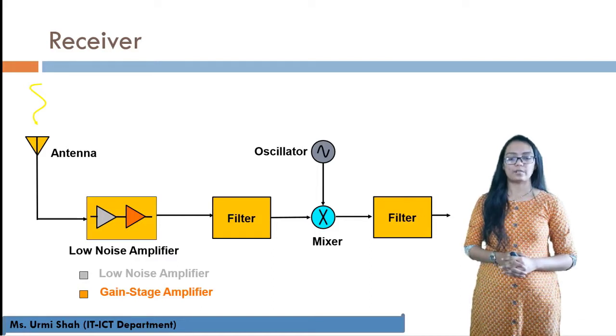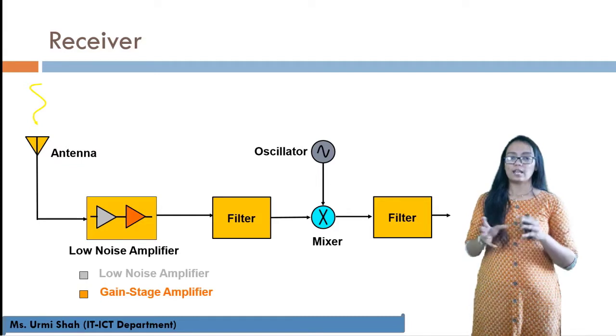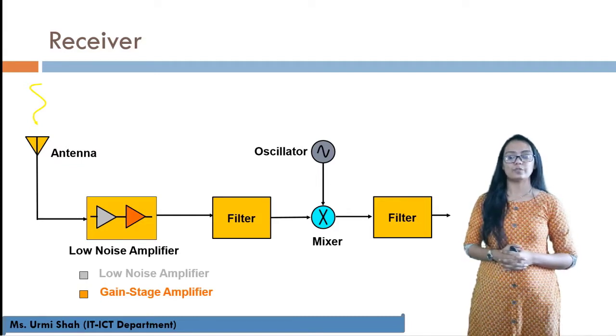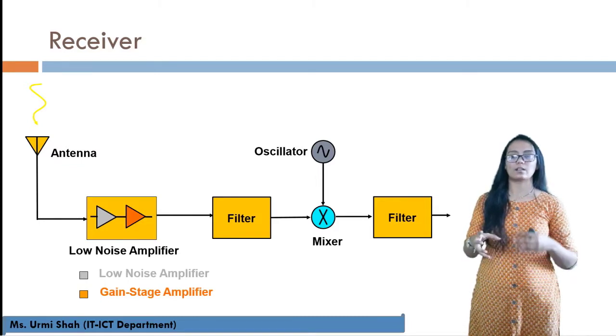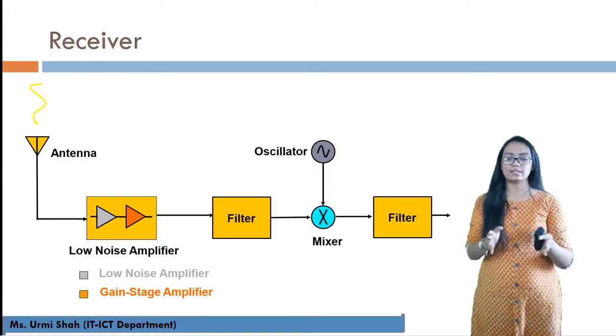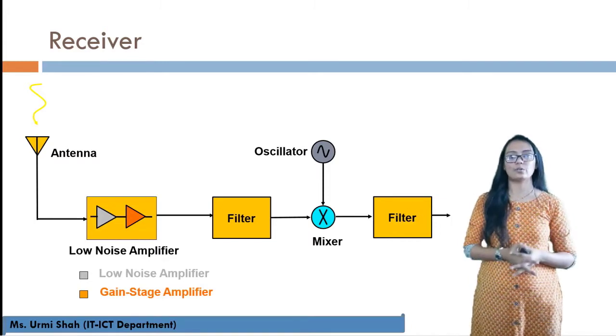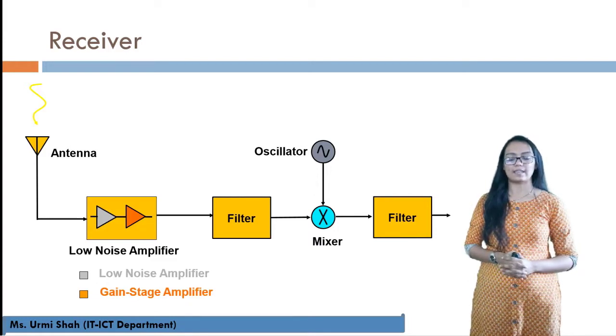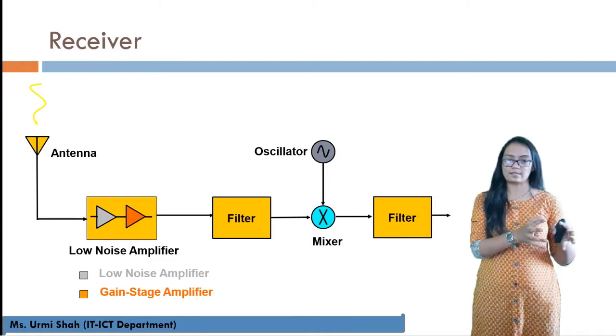So the low noise amplifier is going to filter out the noise signal. Then we have a filter: if a few noise frequencies or other unwanted signals are present, that filter is going to filter out those frequencies and then it will pass on to the mixer.